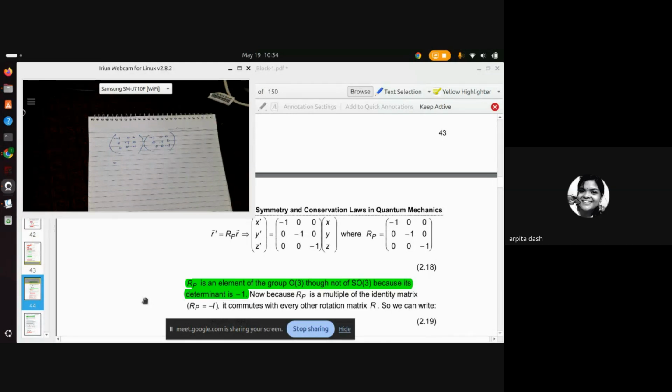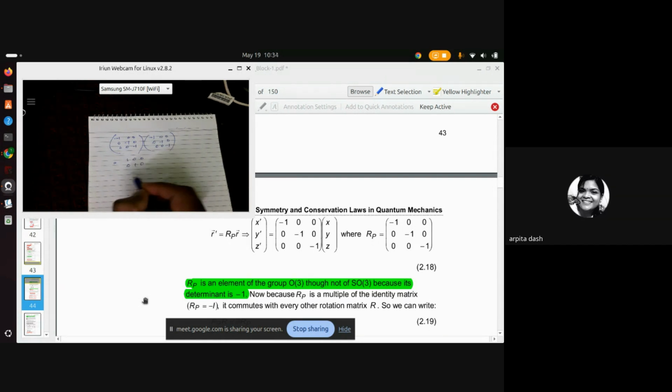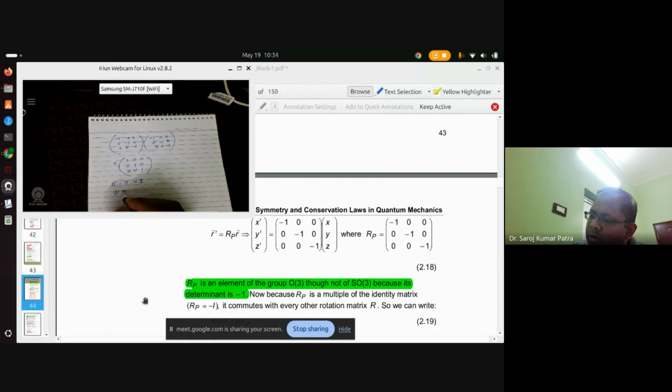So are you getting the identity matrix? You should be getting the identity matrix, right? So pi into pi, the final value is the identity, or pi square is equal to identity, right?